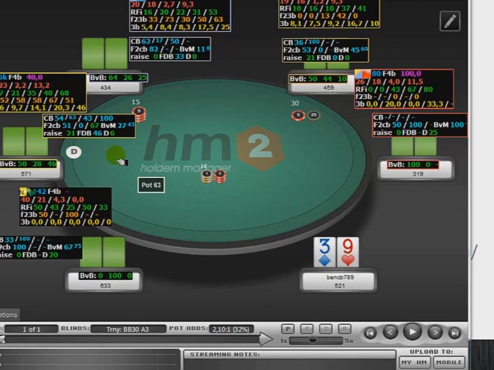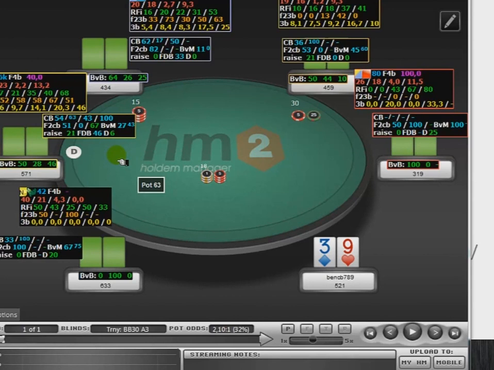When you have someone that is so aggressive in blind versus blind situations, you can add the raise versus limp stat to the HUD, because maybe he has a very small raise versus limp stat, and then you can try to steal the pot on the flop. And when he's also very aggressive in this situation, then you just have to be very tight in blind versus blind situations.